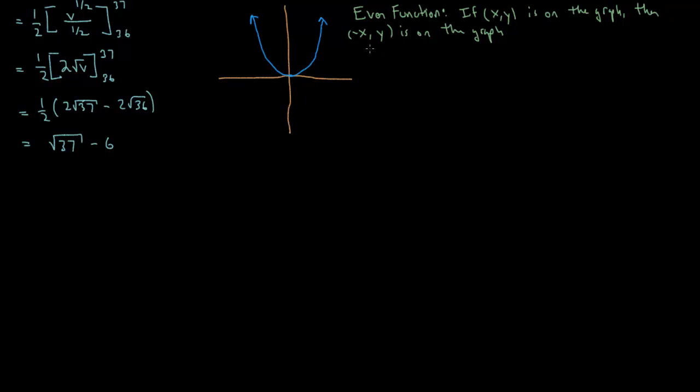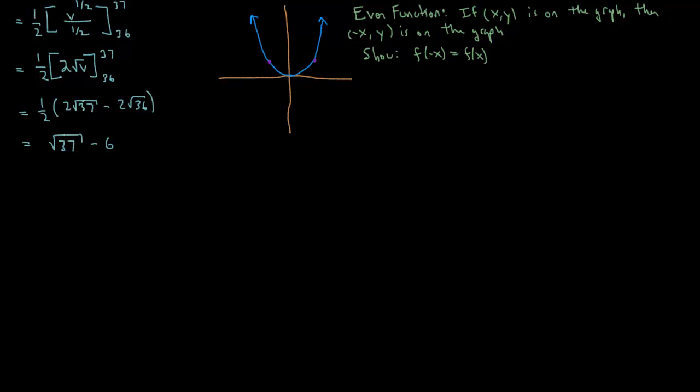Algebraically, you want to show that f of negative x equals f of x. That's how you show algebraically that a function is even. For instance, if this point is on the graph, then this point has to also be on the graph.